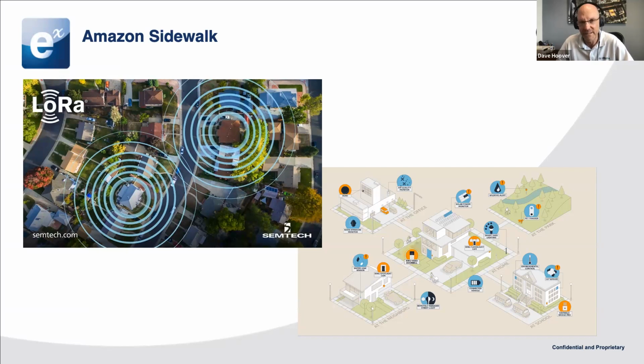Basically the idea is that individual users and consumers are sharing their Wi-Fi network, their home network connectivity, with IoT users that are in their neighborhood, so within range of their home.